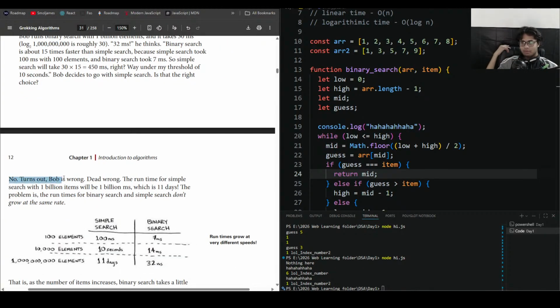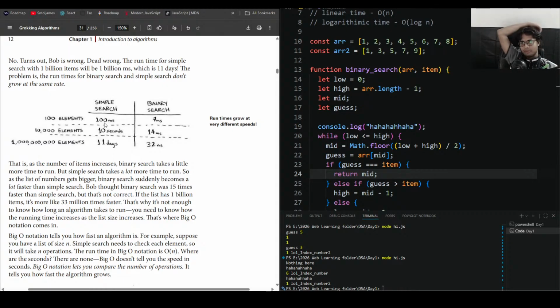No, turns out Bob is wrong. Dead wrong. The run time for simple search with 1 billion items will be 1 billion milliseconds, which is 11 days. The problem is the run times for binary search and simple search don't grow at the same rate.